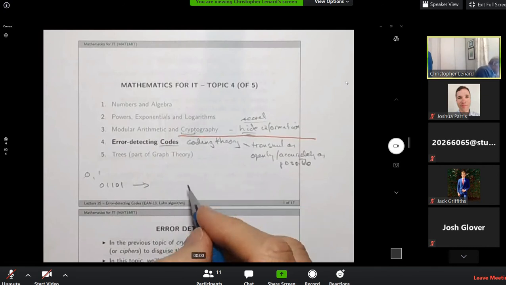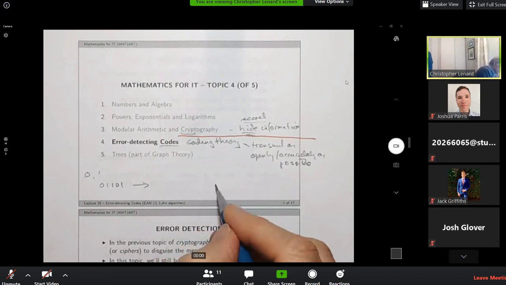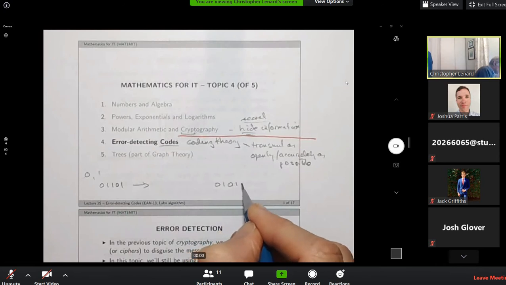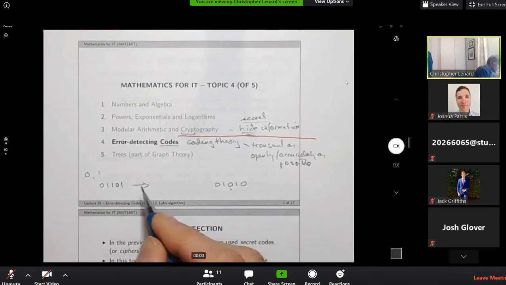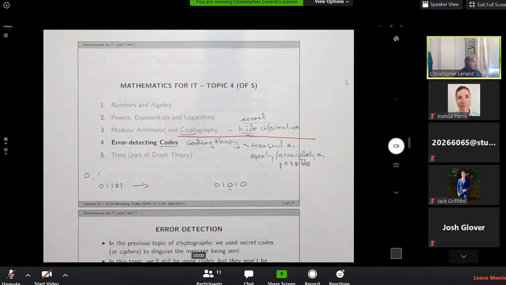So you might end up receiving 0, 1, 0, 1, 0, so that this one gets corrupted. That's what's sent, that's what's received. But unless you put a plan in place, you have no guarantee that what was received was what actually was sent.